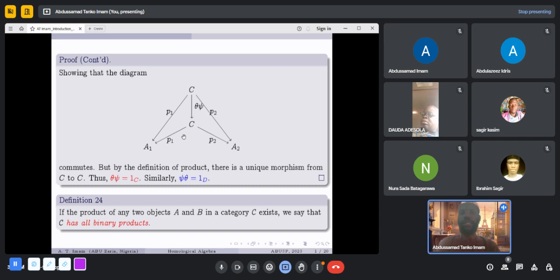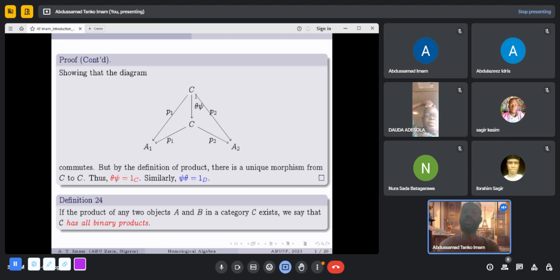And if this diagram is commutative, because C is the product, by the definition of the product, if you have any mapping from any other category, and you can use X here to be C in the definition, there should be existence of a unique morphism from C to C. So this should be a unique morphism.